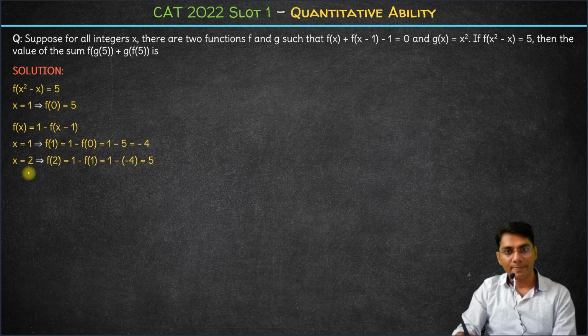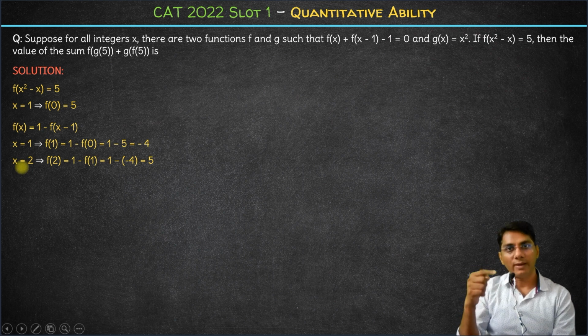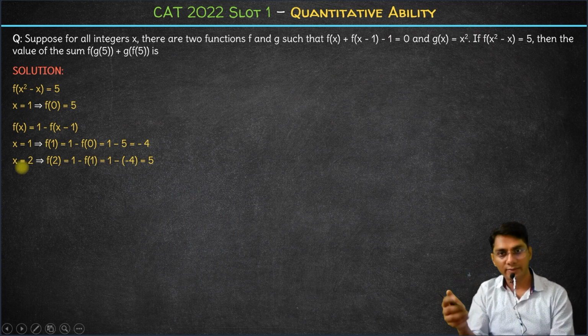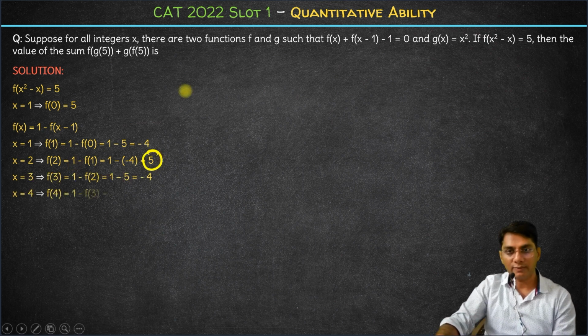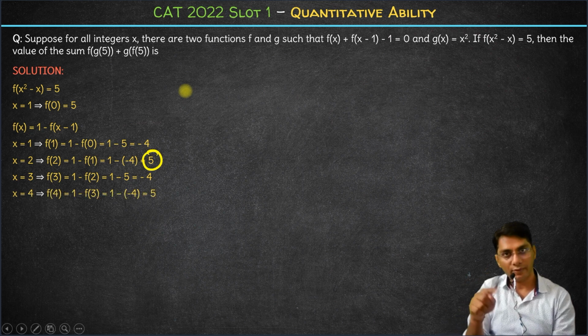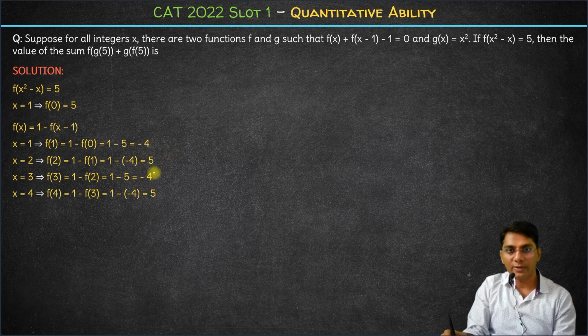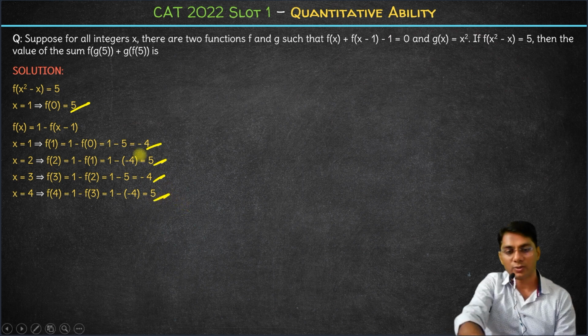What about x3? f of 3 will be 1 minus f of 2, 1 minus the previous term. So 1 minus f of 2 is 1 minus 5 and 1 minus 5 will be minus 4. Similarly, f of 4 will be 1 minus f3. So 1 minus of minus 4 will be 5. So you see the function is 5, minus 4, 5, minus 4, 5, minus 4 and so on.